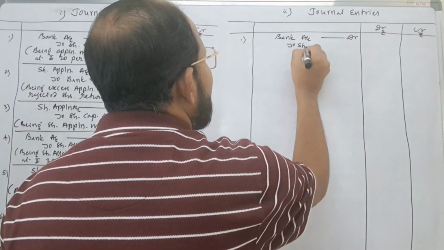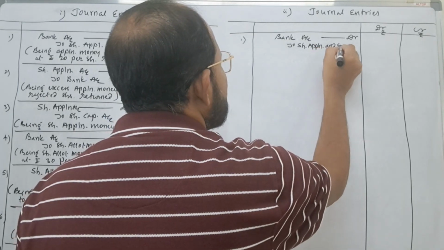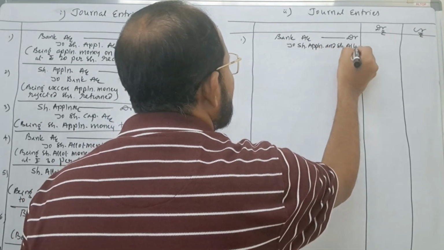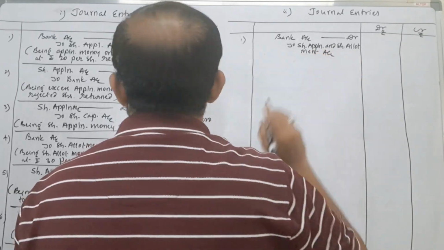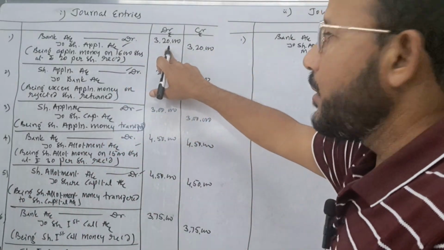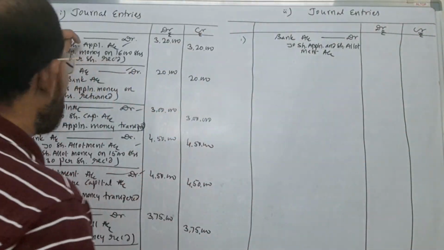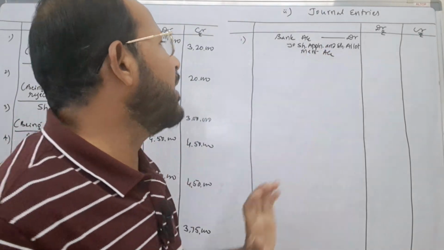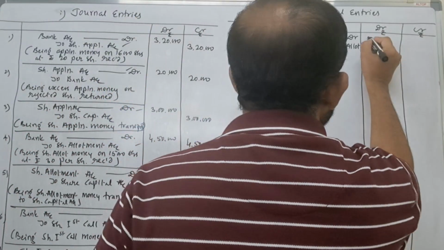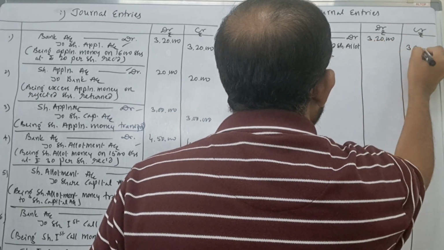To share application and share allotment account. You take the same amount but change the name of the account. Here only application account was taken; here we have to take a combined account, share application and share allotment. Only that difference is there. How much? 3,20,000 and 3,20,000.